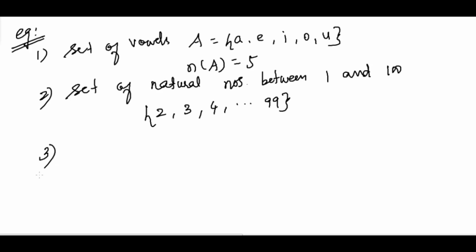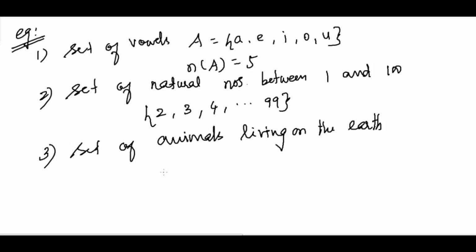Next example. Set of animals living on the earth. Practically it's very difficult to calculate this. But if you consider the cardinal number for this case, it should be a finite number. So this set is also an example of a finite set.